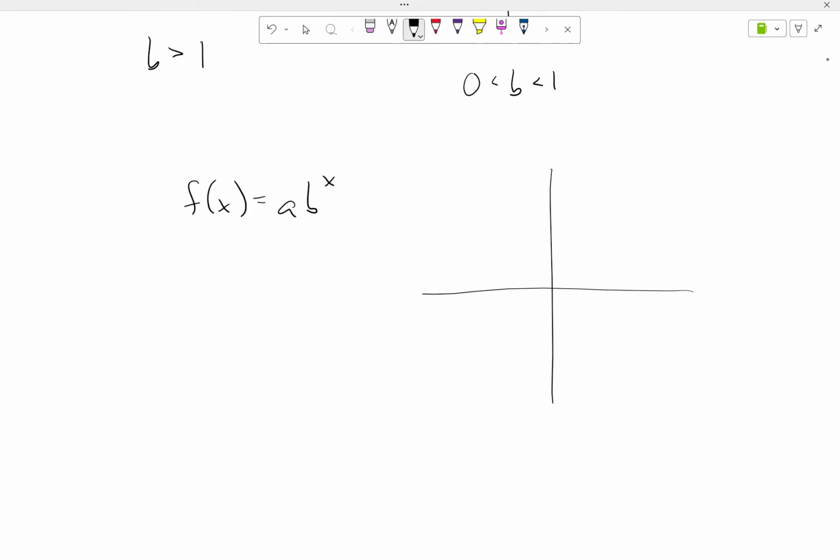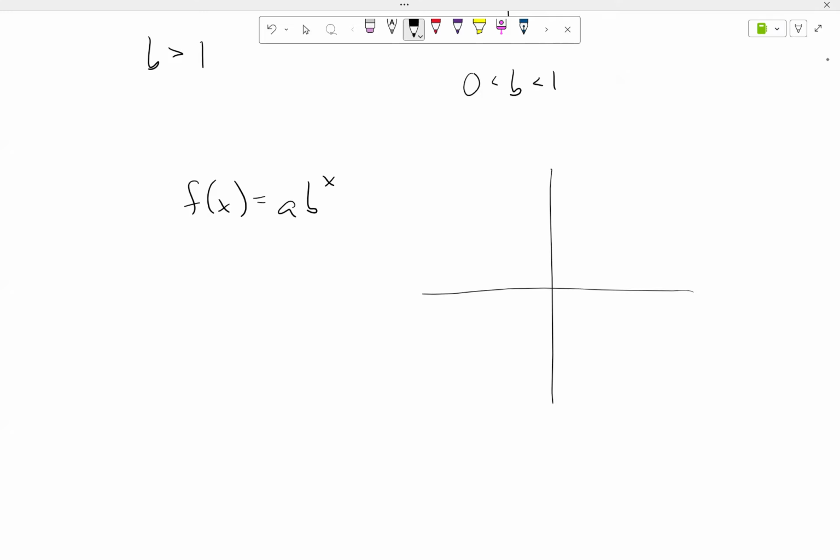It depends. It's outside the function, so it's going to either do this if a is greater than 1, or it would do this if it's between 0 and 1. And of course, if we're negative, it would do this. It would just flip over the x-axis.